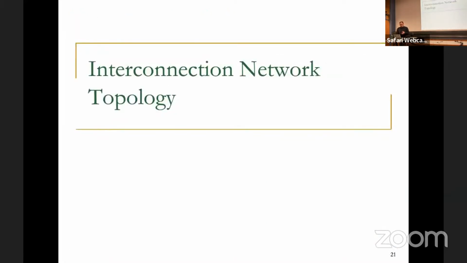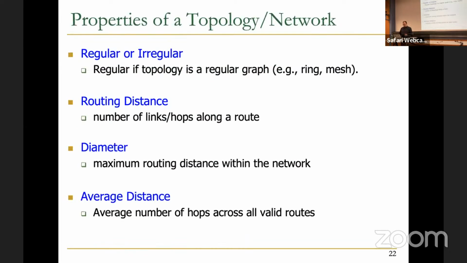Good. Okay, now let's dive into topology. And I'll start with more terminologies. In the area of topology, we have regular or irregular topologies. Regular topologies are those where your topology is a regular graph, so from every point when you look at your topology, you see the same thing essentially.